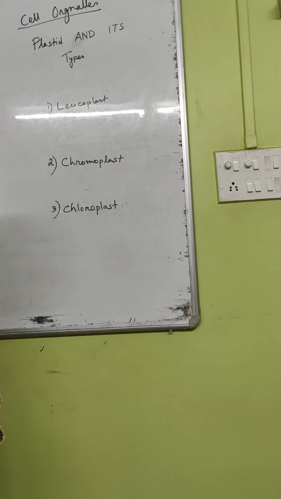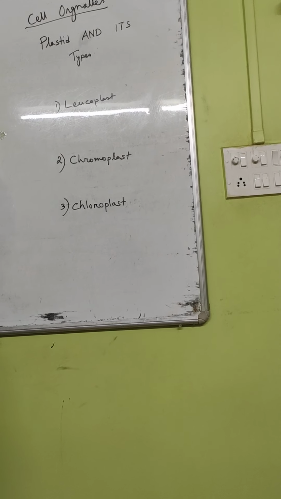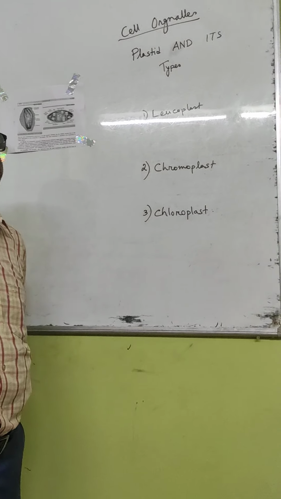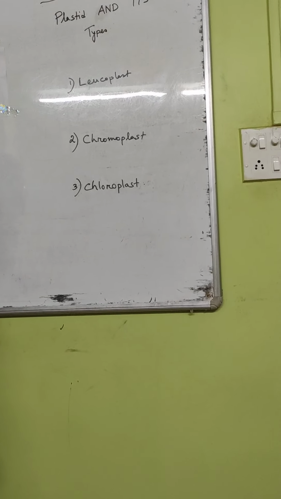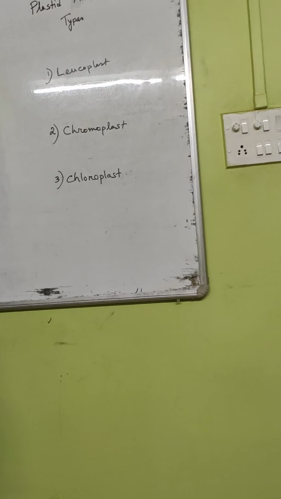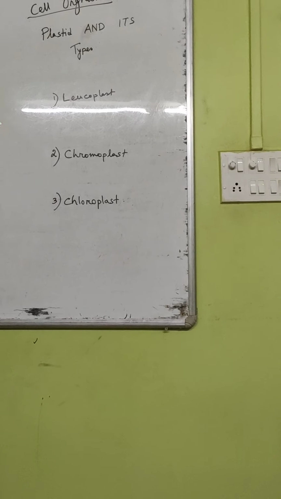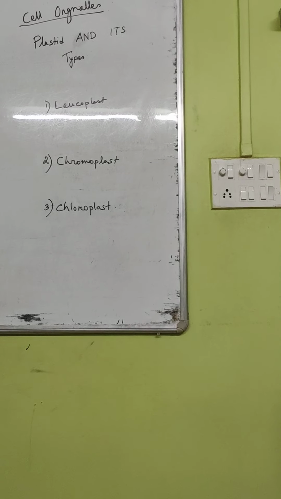So what are plastids actually? Plastids are pigmented or non-pigmented double membrane bound cytoplasmic organelles concerned with certain special functions of the plant.